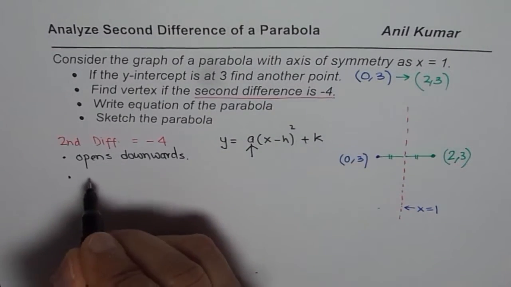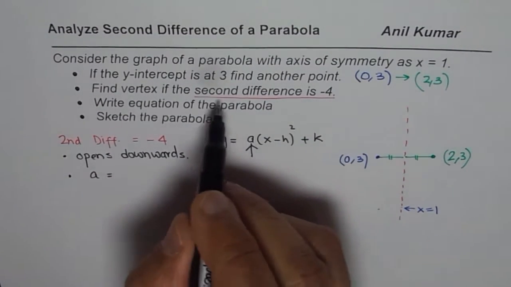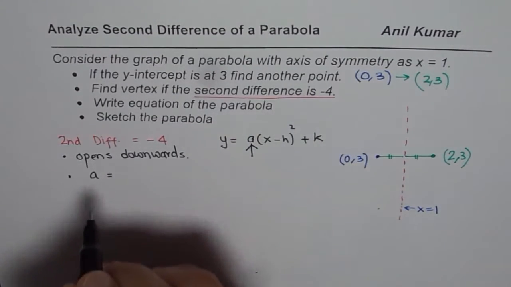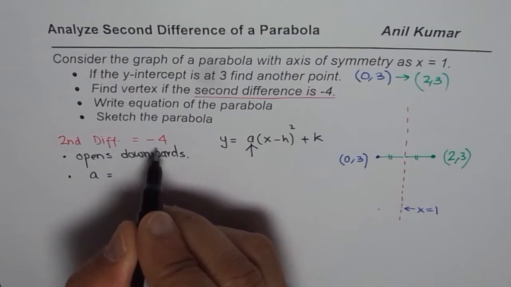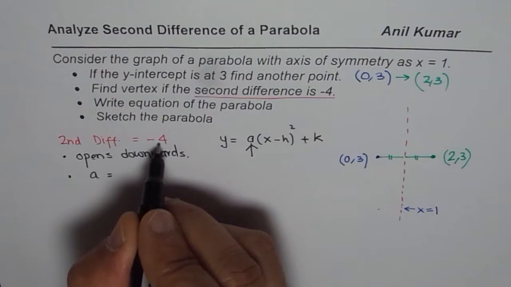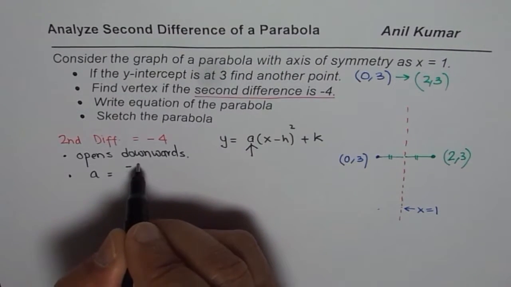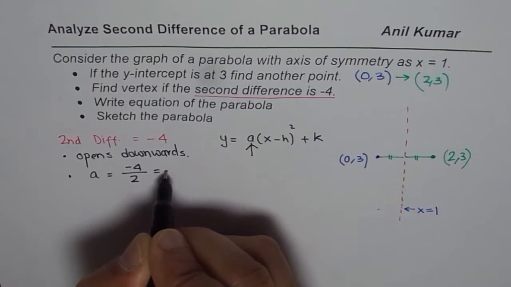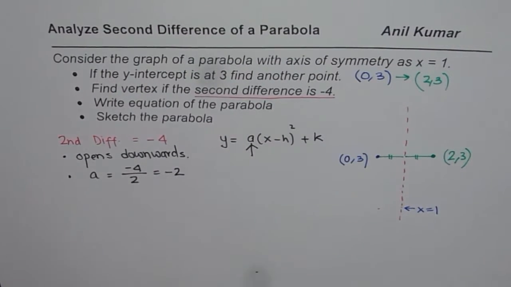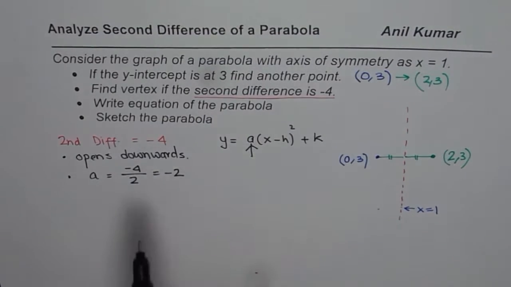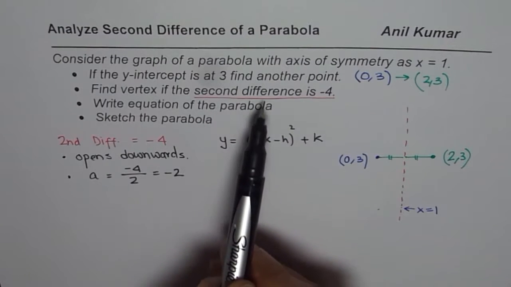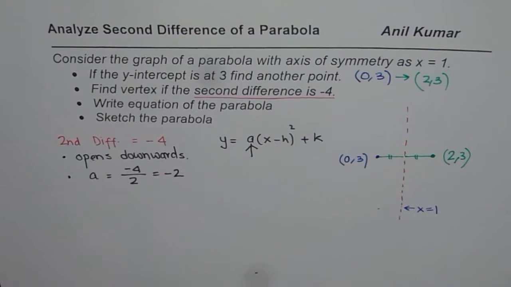Now a is equal to, in general, the constant second difference divided by 2. It is half of this. So in our case it is minus 4 divided by 2, so that gives us a value of minus 2. So that is the information which we get from this statement, that the second difference is minus 4. Do you get this idea?